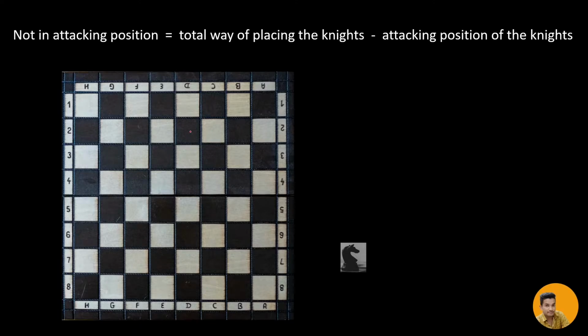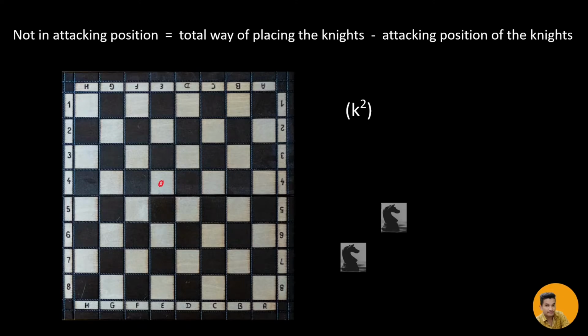It can take anywhere. If the board is k cross k, it can take k square positions, meaning it can go anywhere on the chessboard. That means k square for a general value k. So we have another knight, and this knight can also be placed anywhere on the chessboard except that one place where the first knight is kept.